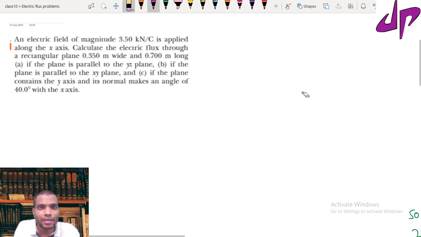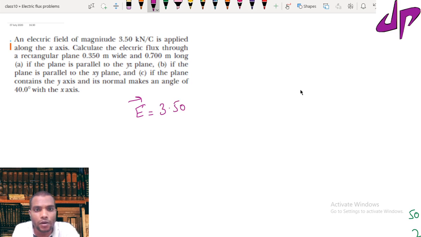So let us write what is given there. The given values are the electric field magnitude along the x direction, 3.50 times 10 power 5, kilo means 10 power 3, Newton per coulomb, and the rectangular plane dimensions given are 0.350 meter times 0.700 meter.